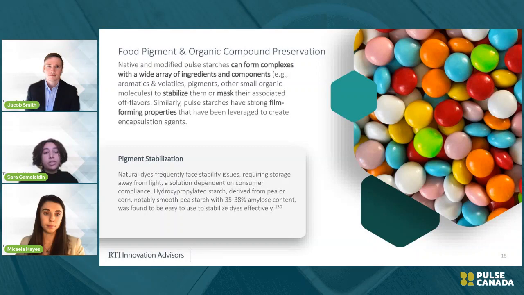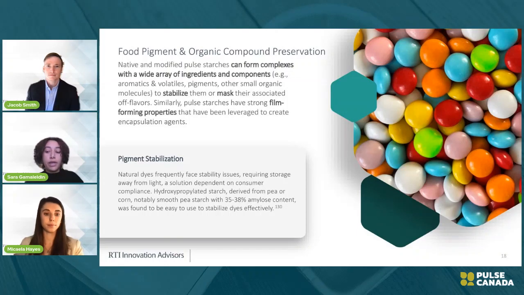Native and modified pulse starches can also be used in a wide variety of food pigments as well as for organic compound preservation because they're able to stabilize them or mask associated off flavors. Pulse starches can also have film forming properties, which has been leveraged to create encapsulation agents, which further helps with stability.